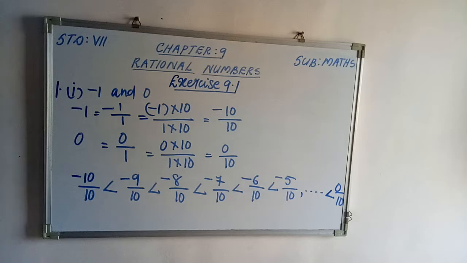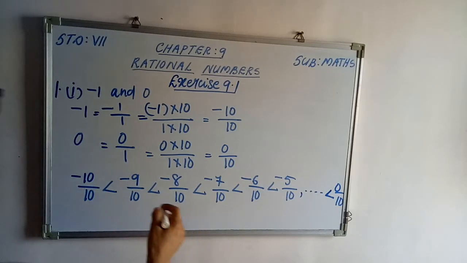That is the 5 rational numbers between minus 1 and 0. It is minus 9 upon 10, then minus 8 upon 10, minus 7 upon 10, minus 6 upon 10 and minus 5 upon 10. We can write here.